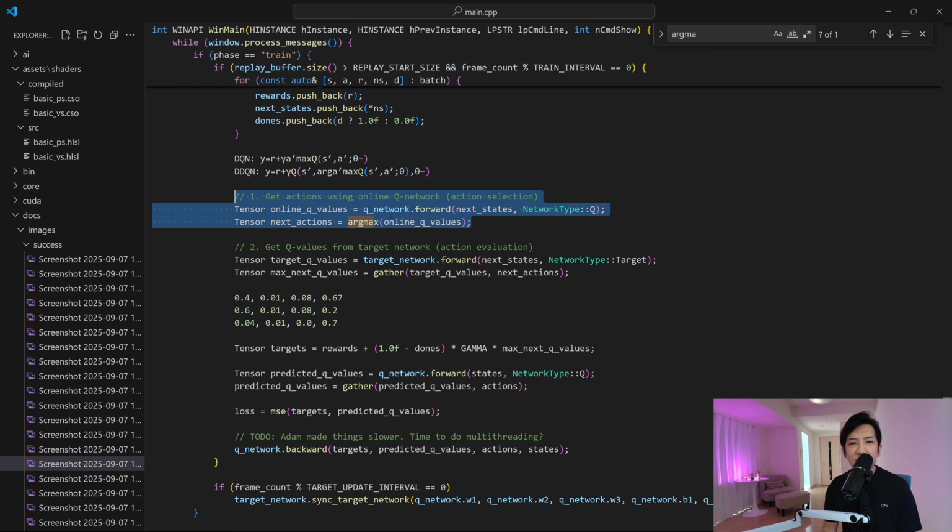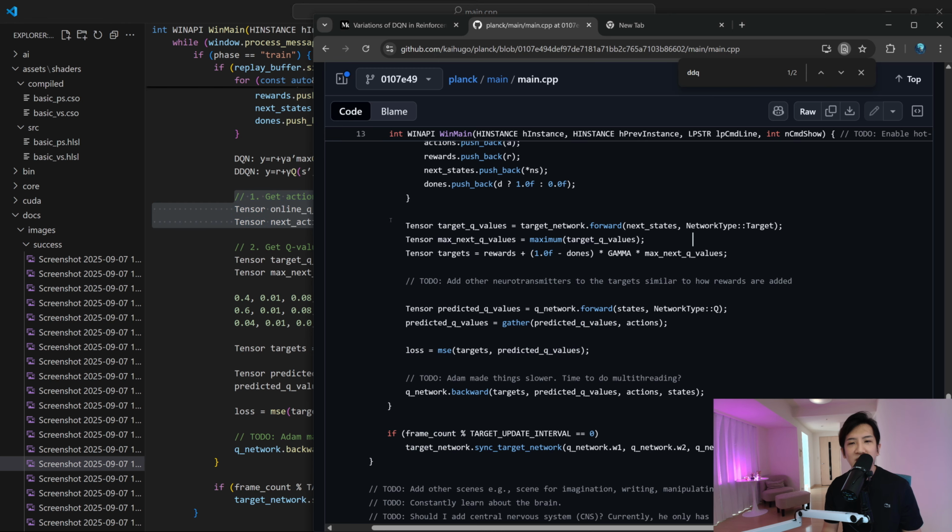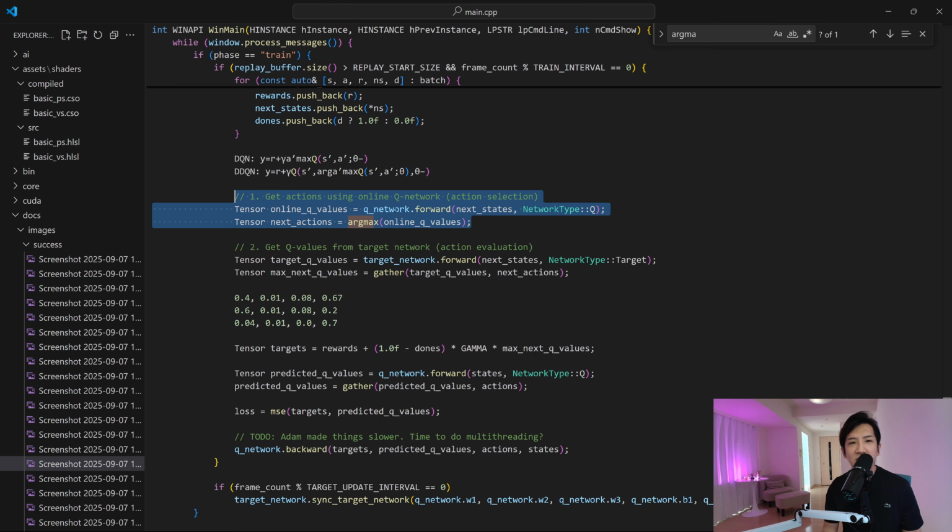So essentially it again reduces the bias, and mathematically this is the difference.